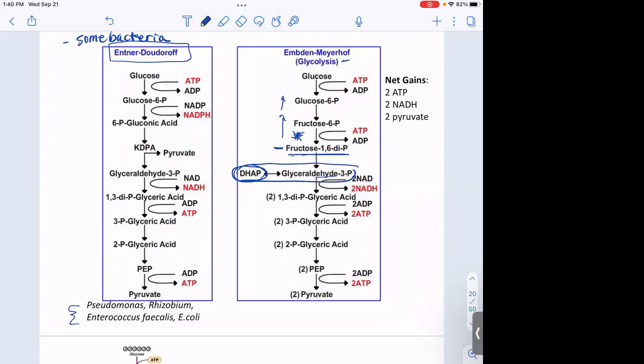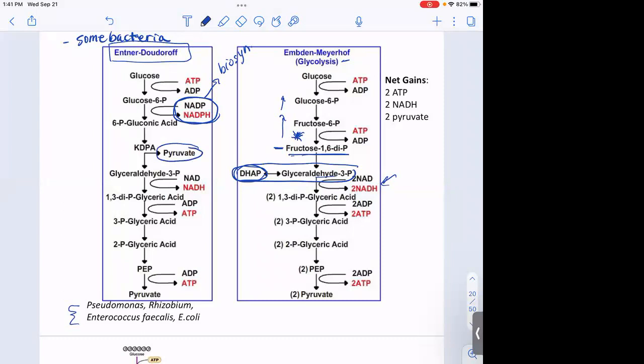But if you compare the Entner-Doudoroff pathway to the Embden-Meyerhof pathway, you see some similarities. But right to begin with here, there's a difference. Here we've got NADP being used as an electron carrier instead of NADH, which is, of course, not until down a little bit lower in the pathway. So remember, these electrons are going to go to power some biosynthetic pathway. They're not going to be converted into energy. And then right away here, we get a pyruvate.